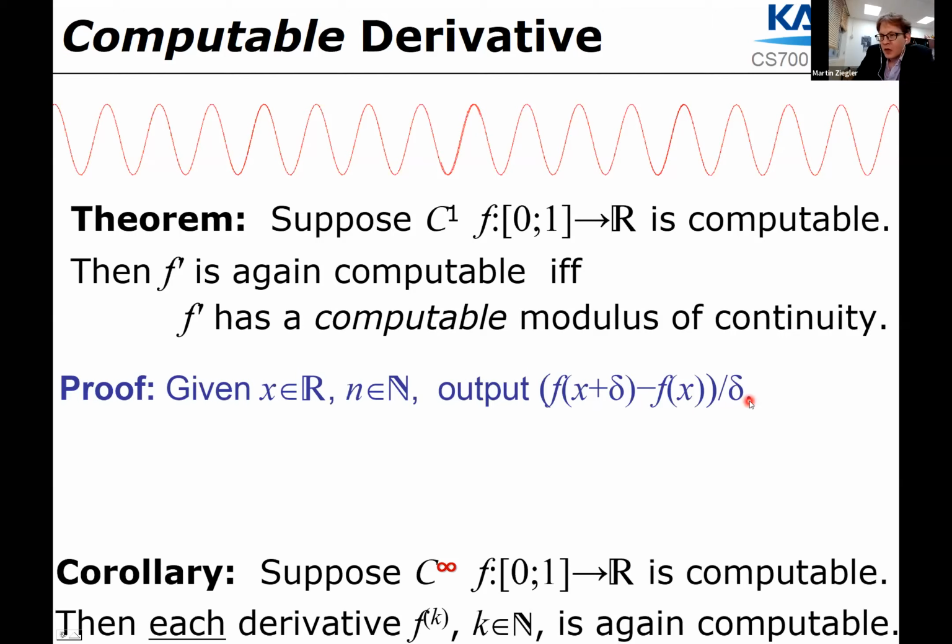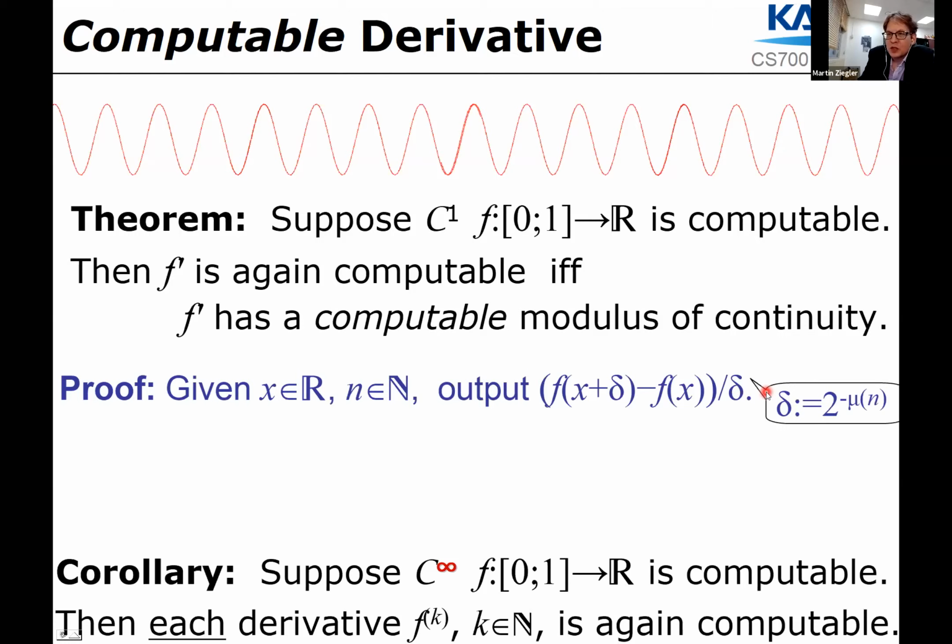But you also remember that taking ordinary limits, delta to 0, can in general leave the realm of computability. So the question is, why can we compute the limit in this case? And actually, more precisely, why is this finite, right? So this is not a limit.